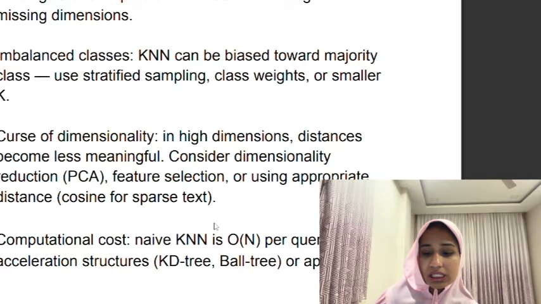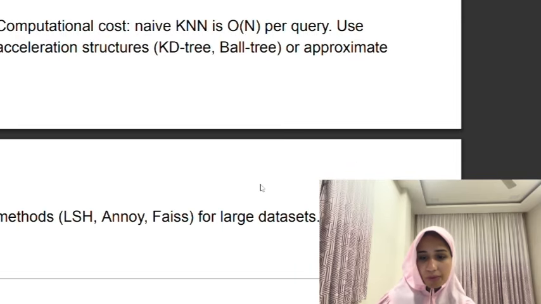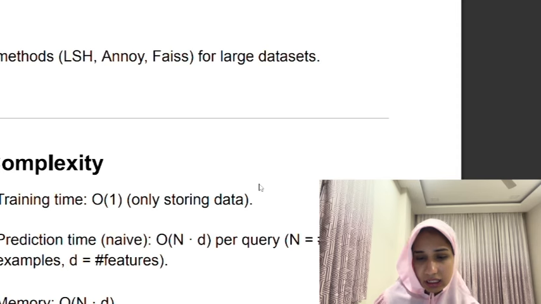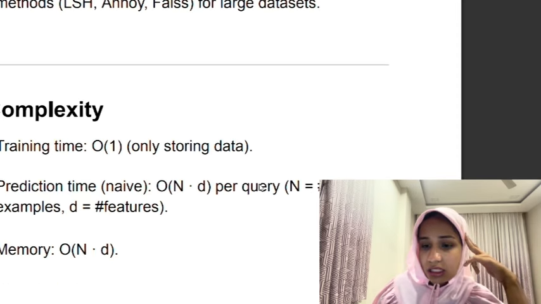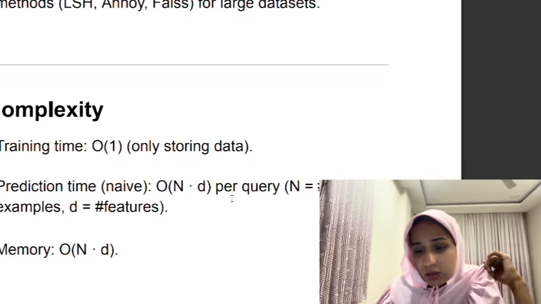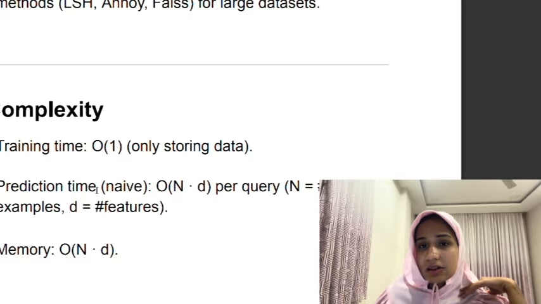Then computational cost. Naive KNN is O of n per query. Use acceleration structures like KD tree, ball tree, or approximate methods like LSH, for larger datasets. Now complexity. Training time is O of 1, only storing data. Prediction time is O of n times d per query, where n is the number of training examples and d is the number of features.